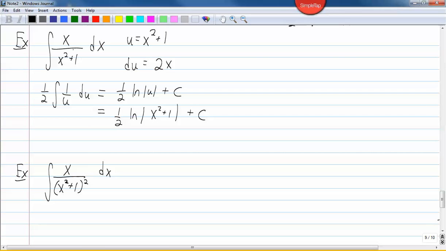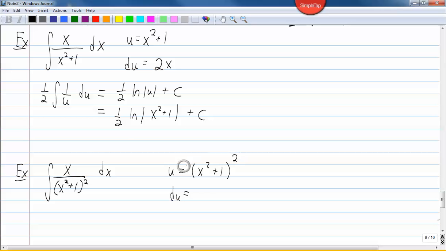All right? So if I see this and my first thought is, is this a natural log integral? For this to be a natural log integral, you have to say, well, can I let u equal x squared plus 1 squared, the entire denominator? So what would my du have to be for this to be a natural log integral?